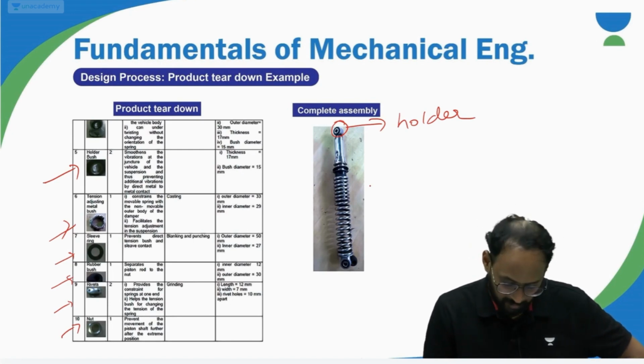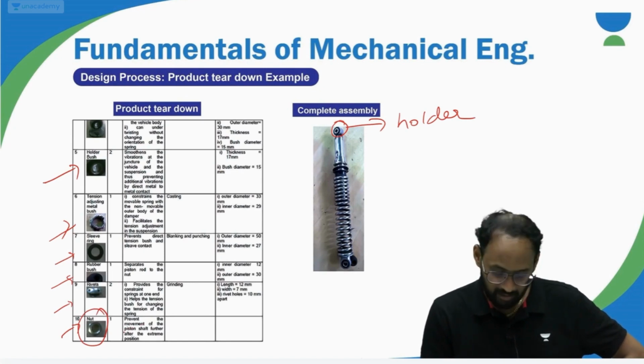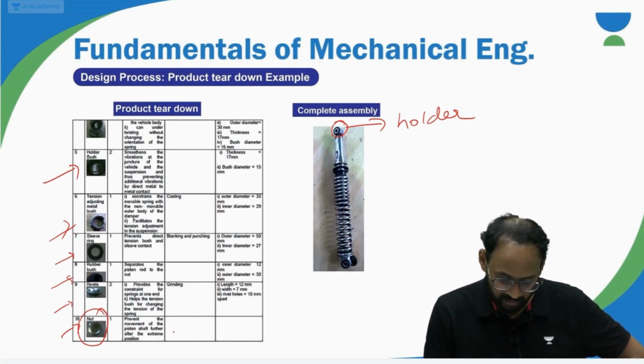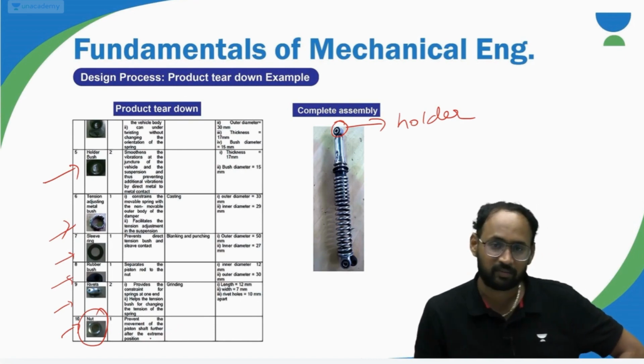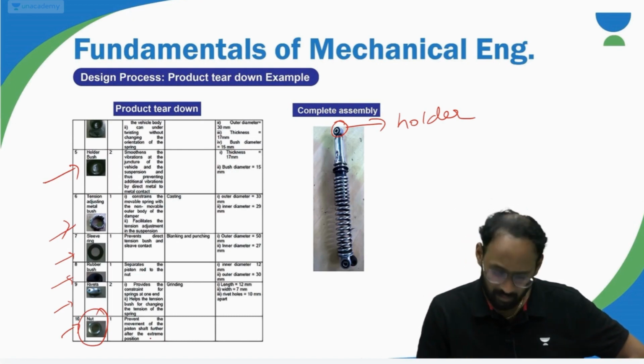Even the nut, I don't know if you'll be able to see, but the function of the nut is to prevent the movement of the piston shaft further after the extreme position in the suspension. Rivets provide the constraints for the spring at one end and help in changing the tension of the spring.